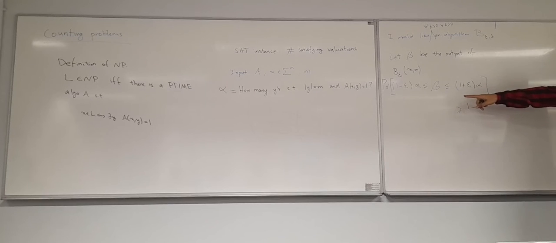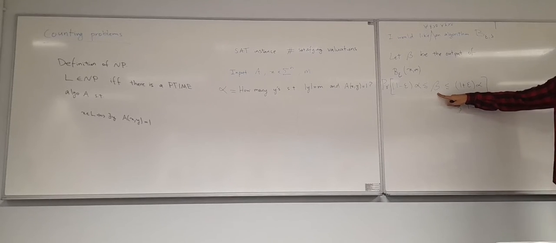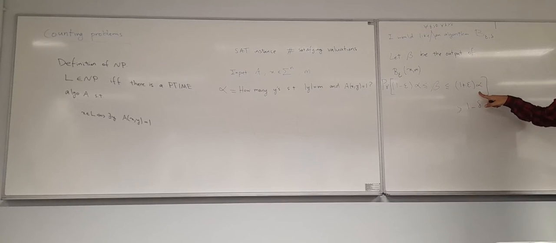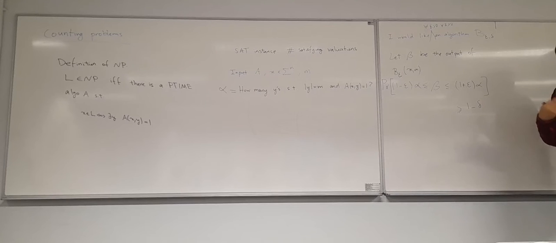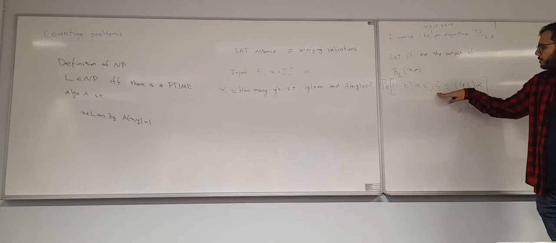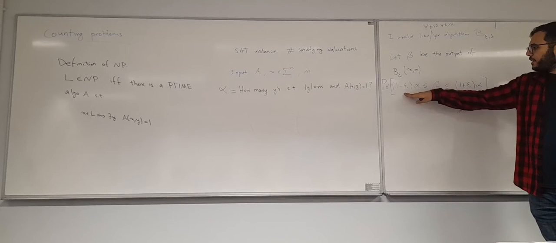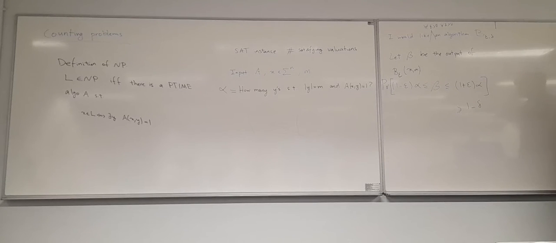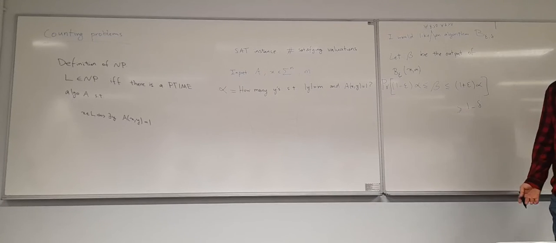When I succeed, I output something that is at most a factor of epsilon away from the actual answer. Here we don't really have an optimal answer, we just have one answer, which is the number of solutions. So if I succeed, my output beta is between 1 minus epsilon times alpha and 1 plus epsilon times alpha. Okay, great. Now, what can I say about my runtime? What kind of runtime would I like to have?